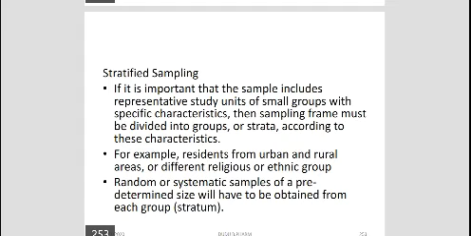Let's go to stratified sampling. If it is important that the sample include a representative number of units from small groups with specific characteristics, then the sampling frame must be divided into groups or strata according to these characteristics.